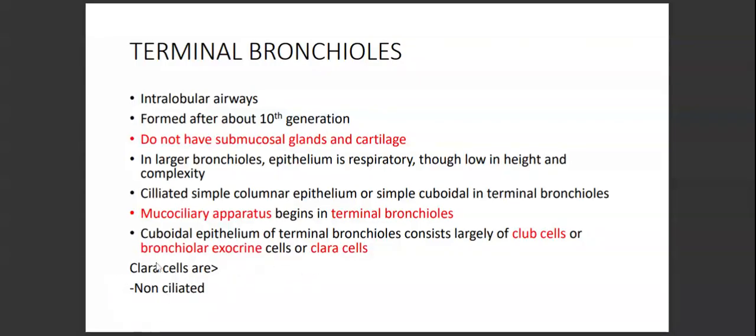Number one thing you have to note about them is that they are non-ciliated. The only cells that are ciliated here, we've already mentioned, and we know the cells that are ciliated and those which are not ciliated.